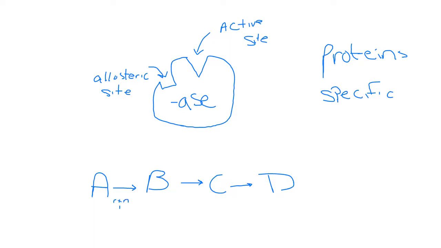Reaction 1 converts A to B. Okay, reaction 2 converts B to C, and then a third separate reaction converts C to D. Well, there would be 3 different enzymes in order to make molecule D from start to finish, because one enzyme would catalyze A to B, and then a separate enzyme would catalyze B to C, and then a separate enzyme would catalyze reaction C to D, because each enzyme is specific for one single reaction, okay?